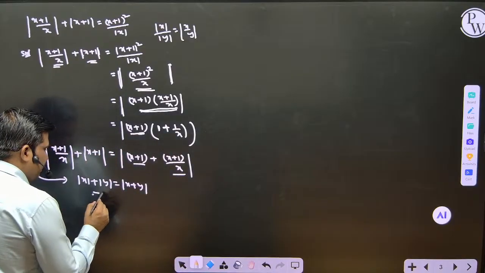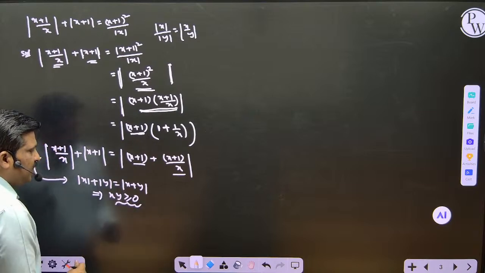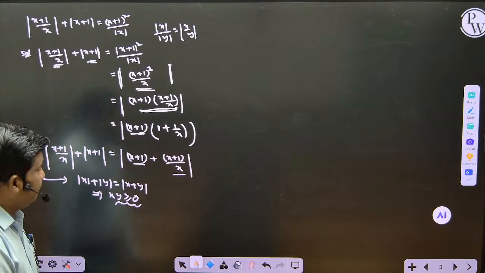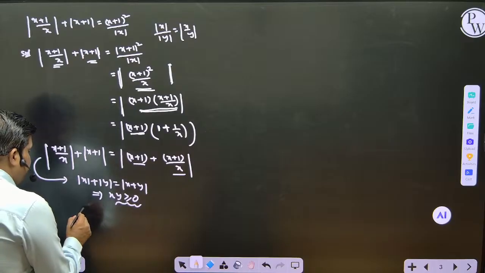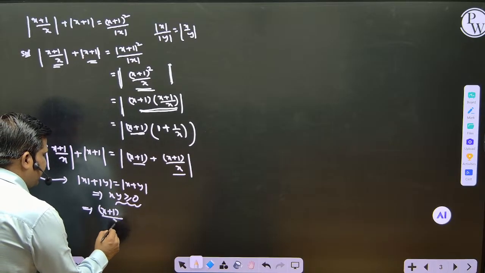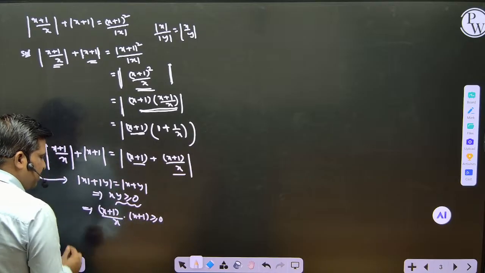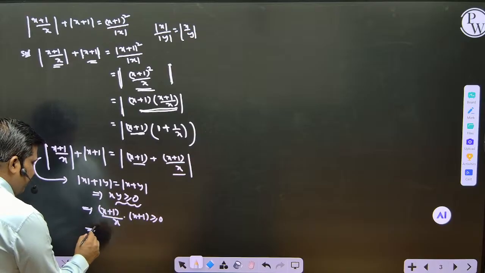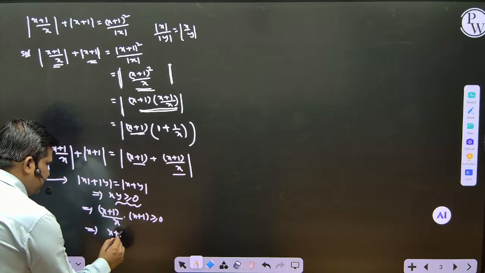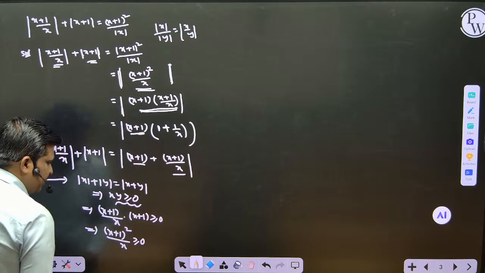It implies xy is greater than or equal to 0. So that implies x plus 1 by x into x plus 1 is greater than or equal to 0. It implies (x plus 1) whole square by x is greater than or equal to 0.